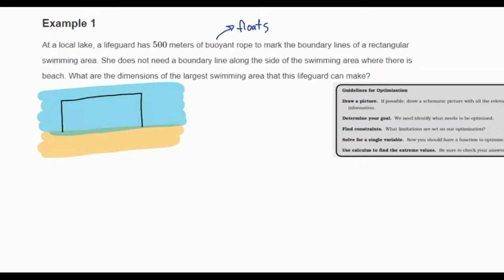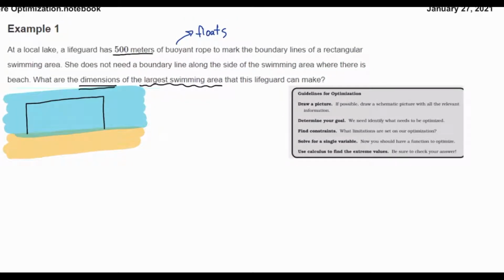What else do we note from the question? We know that we have 500 meters of rope. That's going to be the perimeter of our shape. And we want to find the largest swimming area, and we want dimensions. So in our final answer, we're going to be listing the dimensions. We're trying to maximize swimming area. So let's go through our steps here and mark things off as we do this.